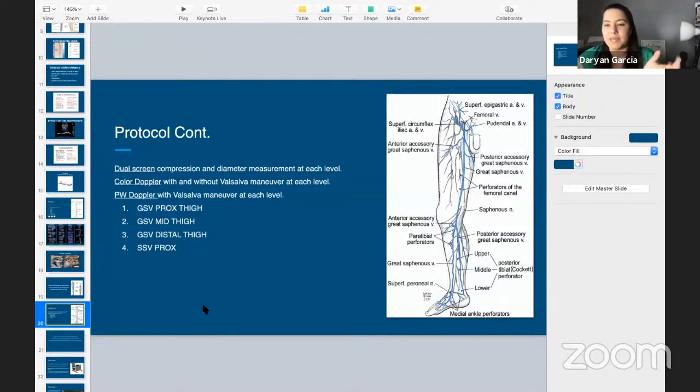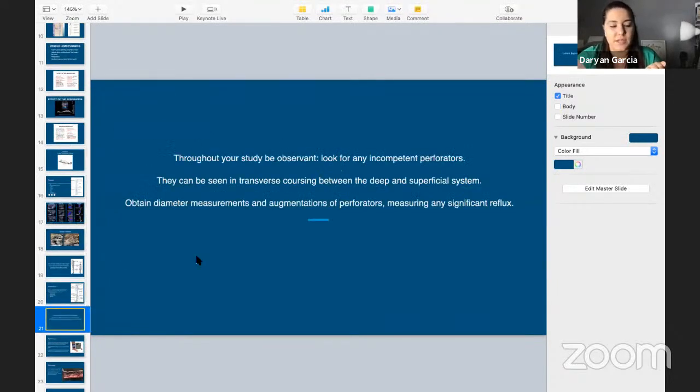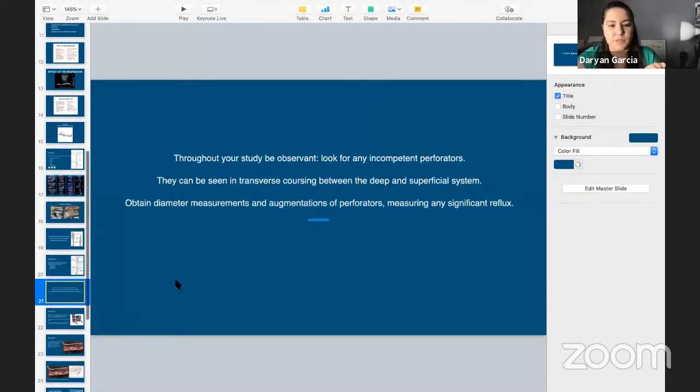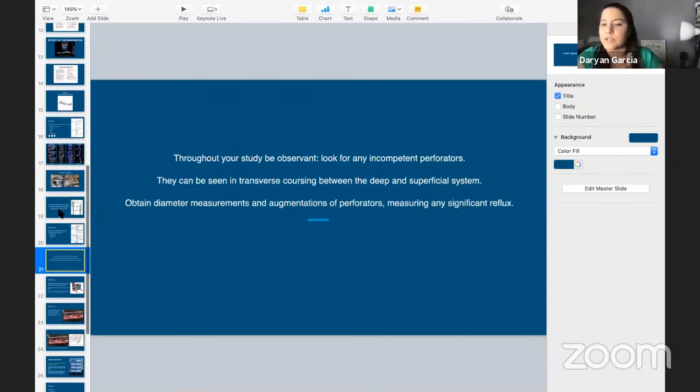And then based on that, they'll determine if that's something that will be covered by insurance or not. So usually if the diameter of the GSV is greater than 5 millimeters, then that's a positive GSV insufficiency.